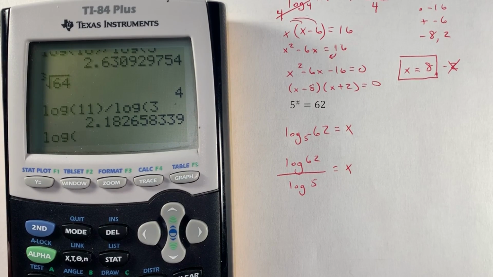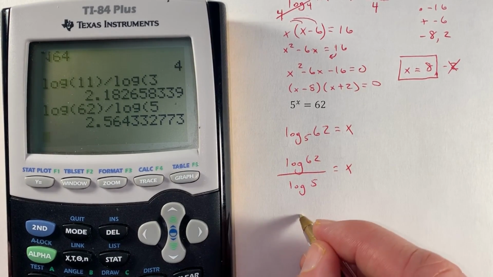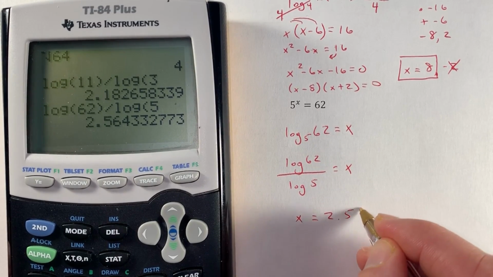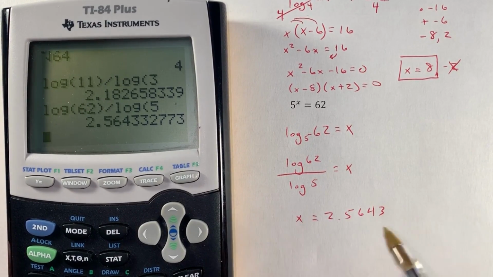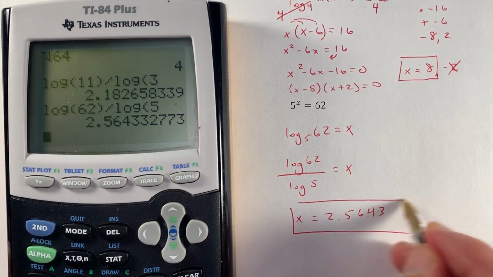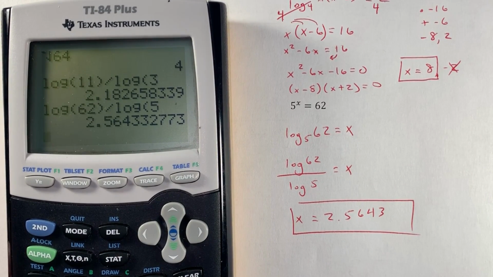So log 62 divided by log 5. So x equals 2.5643, and after that 3 is another 3. That's not big enough to bump that up. So there's my final solution.